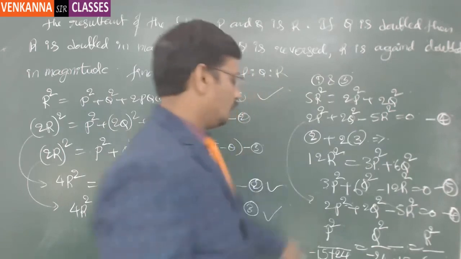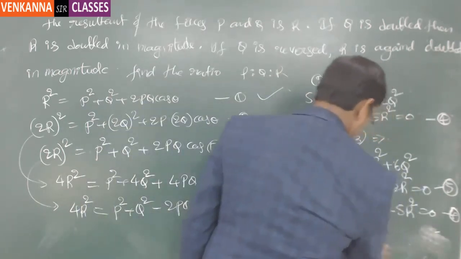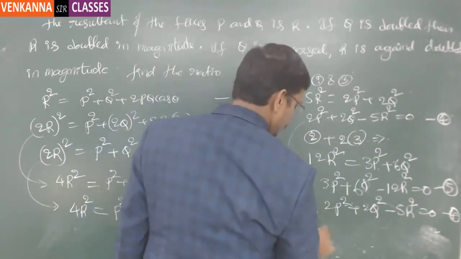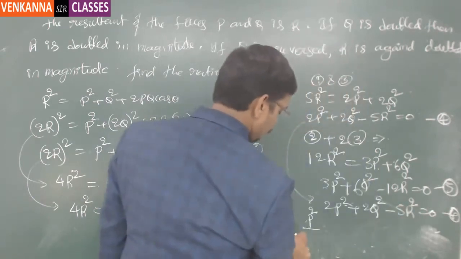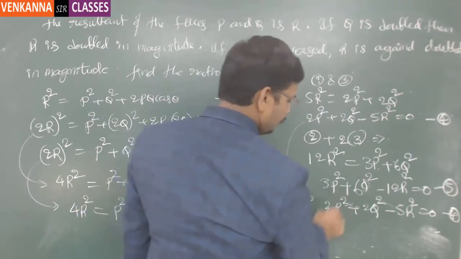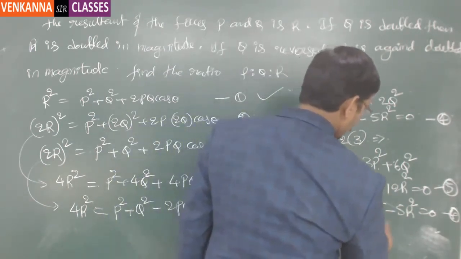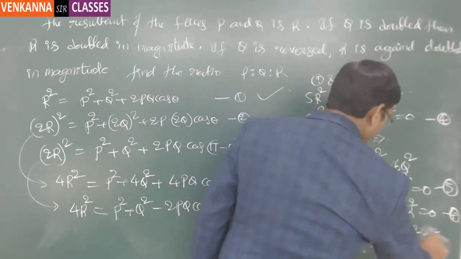So from this we can rewrite this. P square divided by AD minus BC. So 6 into 5 minus 30, or you can simplify further this equation: p square plus 2q square minus 4r square equal to 0.